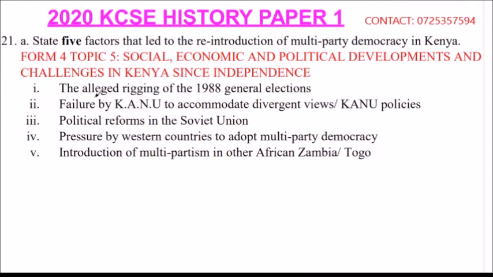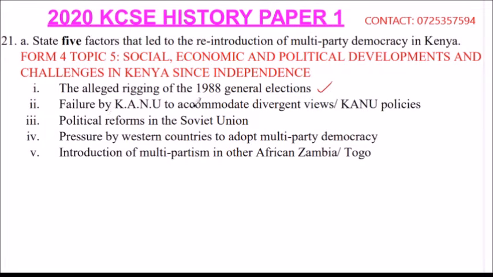So one of the reasons, the factors, is the alleged rigging of the 1988 general elections, because there was only one party, that is the KANU. It controlled everything, and therefore there was no democracy. Rigging and awarding the royalties to the party.